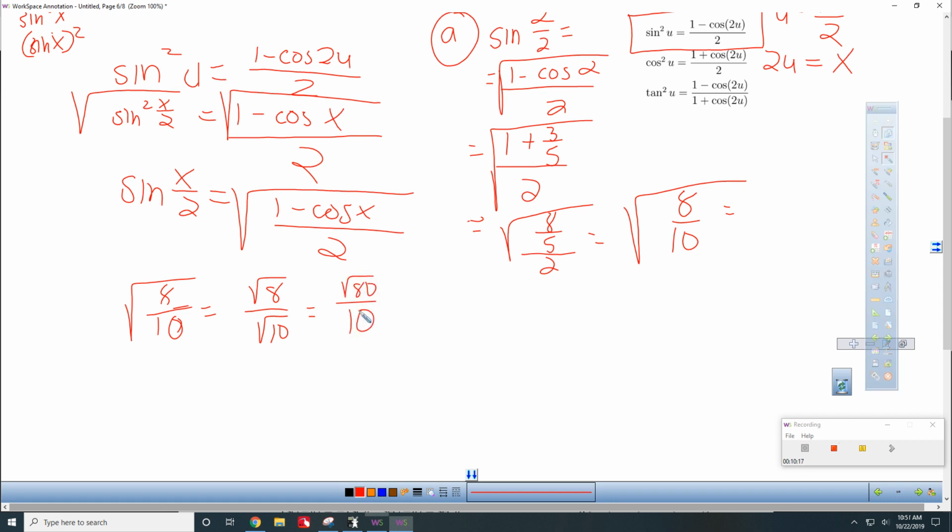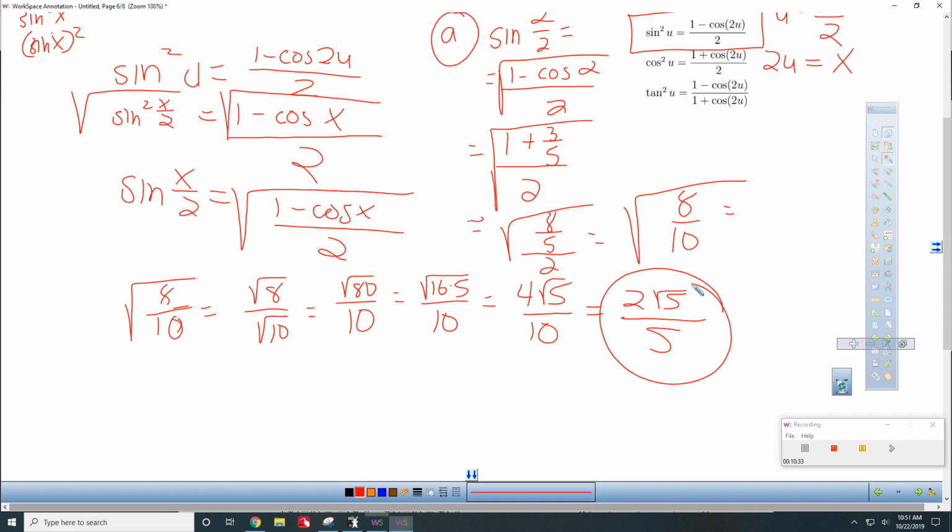I multiply by radical 10 over radical 10, which is the square root of 16 times 5 over 10. 4 radical 5 over 10. This is so annoying. 2 radical 5 over 5. That's your exact answer. Okay?